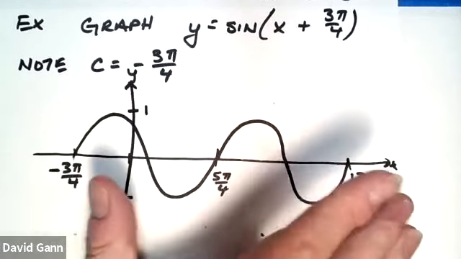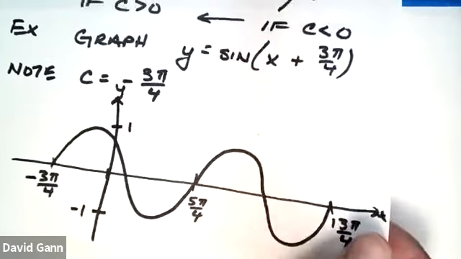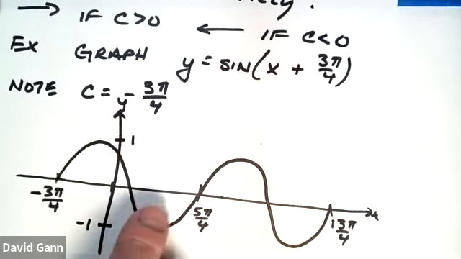Okay, so this is how the horizontal shift works. This is a little bit harder to visualize than the vertical shift, which is actually probably the simplest of all the transformations and translations. It's strange how we go from hardest to easiest, but so be it.